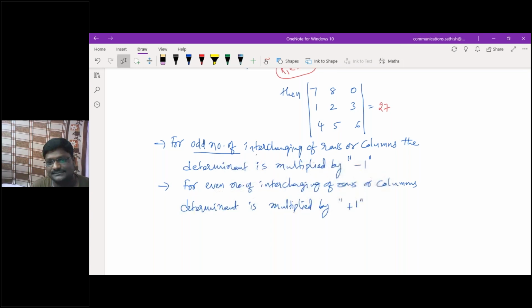Am I correct? Clear now? This is for an odd number of interchanges, and this is for an even number of interchanges. So this point you have to keep in your mind.